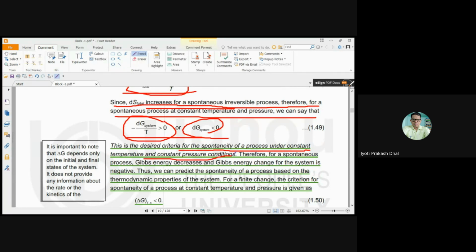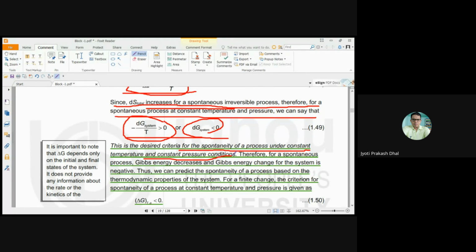Exactly the same type of condition we have studied for the criteria for spontaneity of a process under constant temperature and constant volume, that is dA system less than 0. So when the process is carried out under constant temperature and constant volume, the criteria for spontaneity was dA system less than 0.